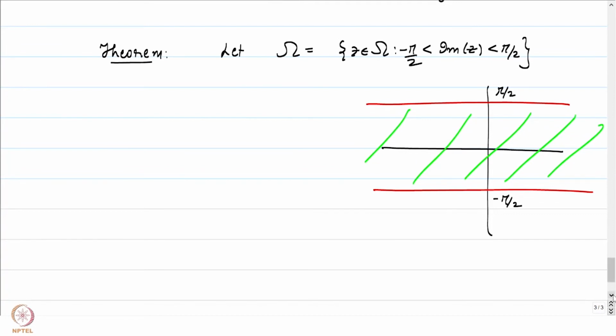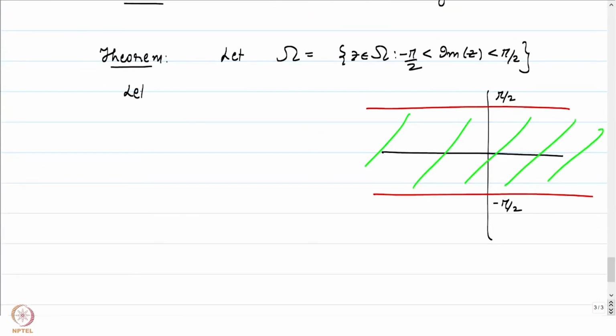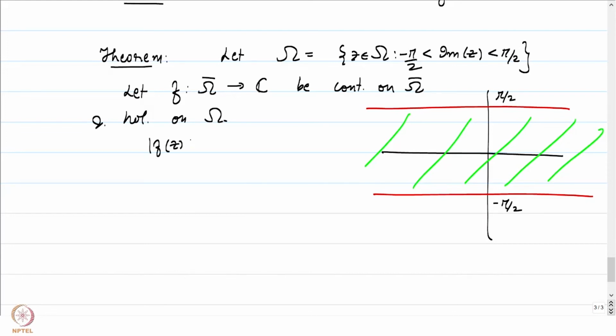And going by the analogy that we gave earlier with Liouville's theorem, let's just consider a function f which is defined on omega bar, which is continuous on omega bar and holomorphic on omega. Suppose the absolute value of f of z is less than or equal to 1 on the boundary of omega.